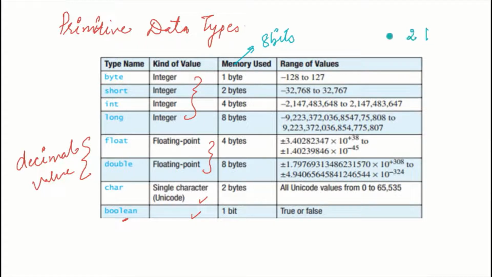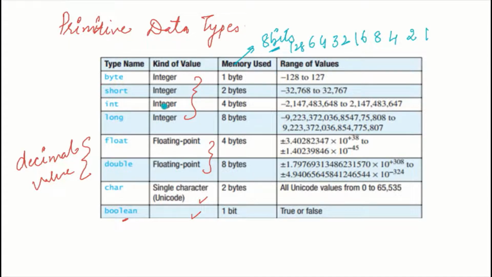Presentation is like 1, 2, 4, 8, 16, 32, 64 and 128. So here, if you consider the 8 bits, that means 1, 2, 3, 4, 5, 6, 7, 8.